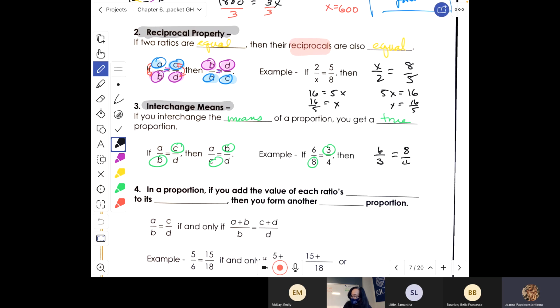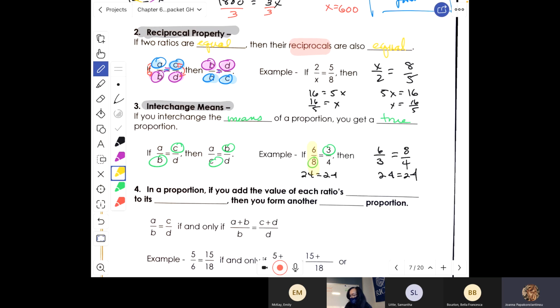So while I can multiply in this case and get 24 equals 24, I still get 24 equals 24 here. If I wanted to simplify this fraction here, what would it be? 6 over 8.